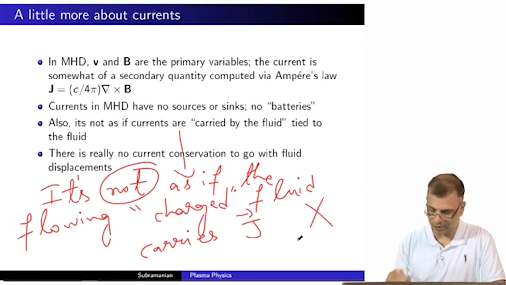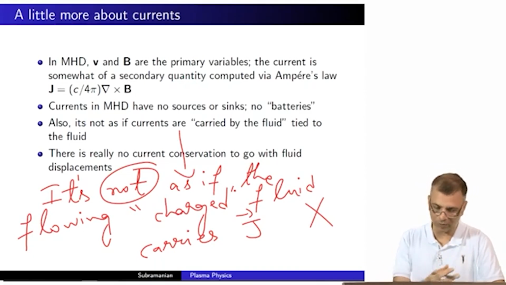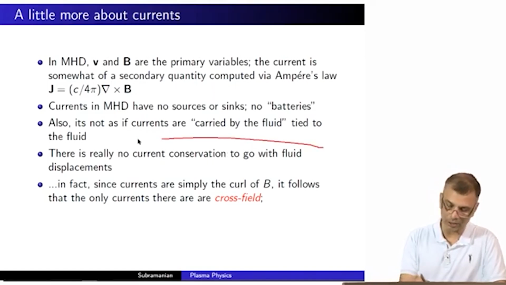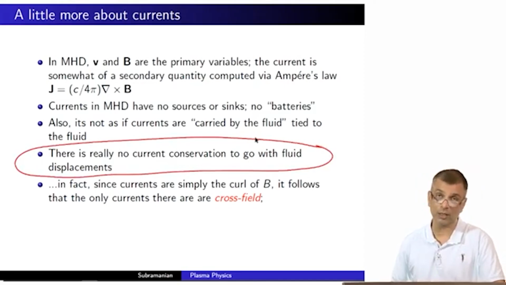This statement is not correct. Or as in it's not as if the currents are tied to the fluid. There is really no current conservation to go with fluid displacement. This is also very, very important. There is charge conservation, but there is no current conservation. Okay, very important.